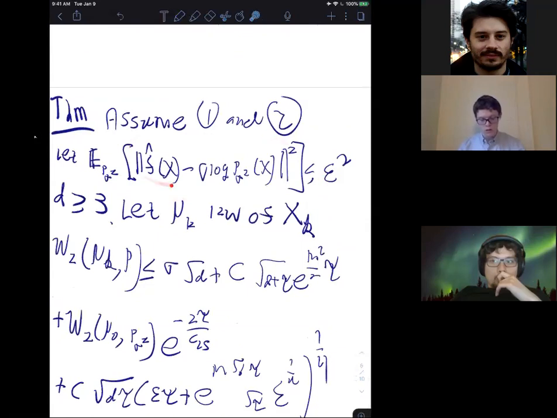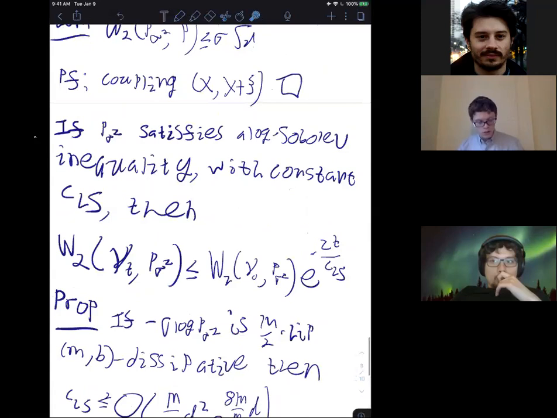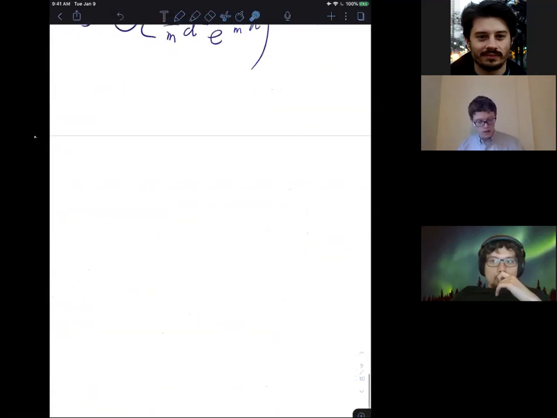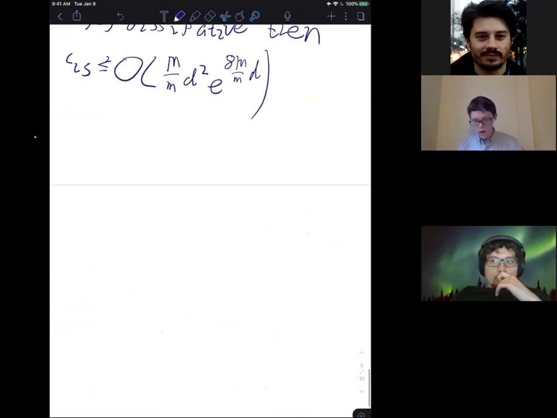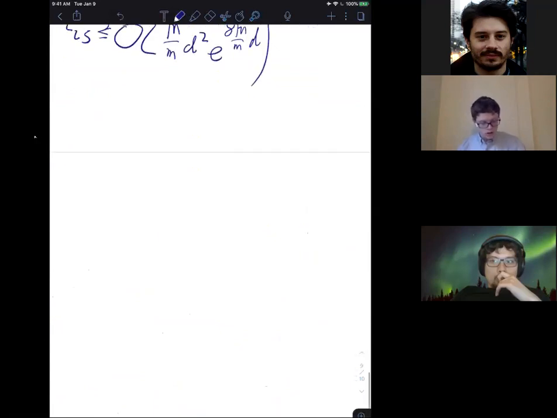What we're going to do is generalize this to the L2 bound using some of their techniques and some of our techniques. Let's make this its own section: W2 of nu t and nu t hat.